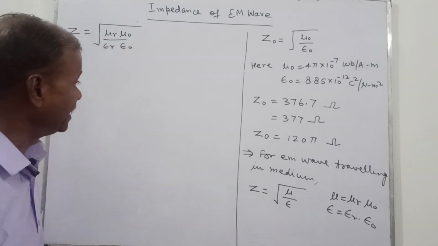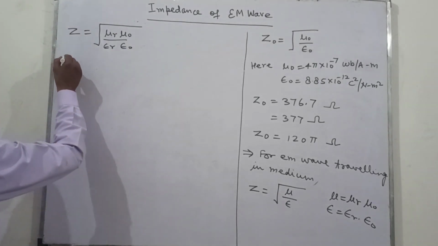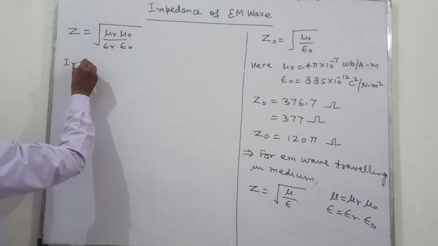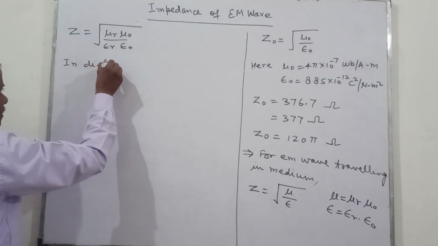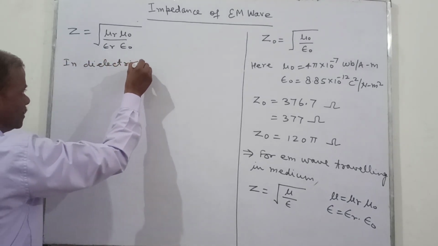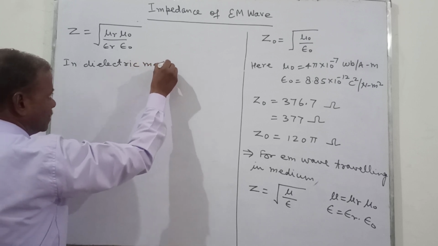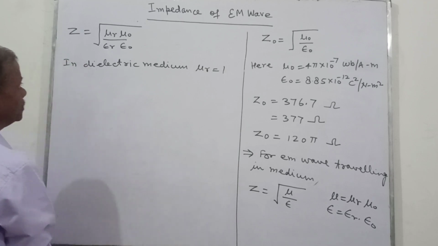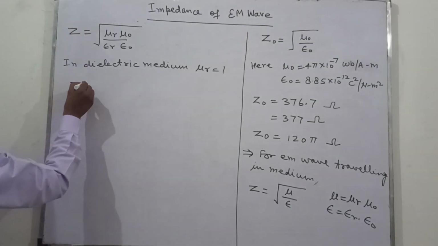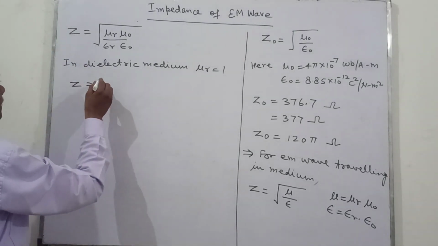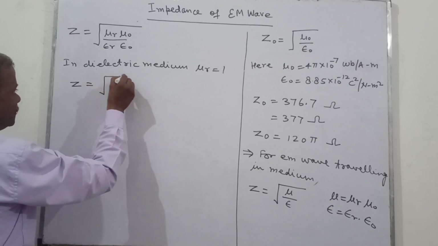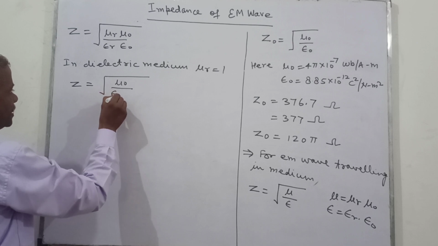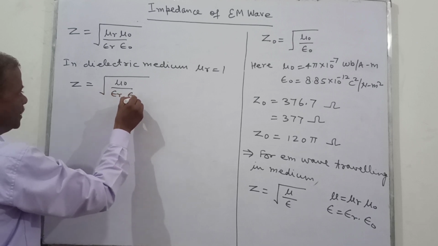So we take the dielectric medium, mu r equal to 1. So we can have Z equal to square root of mu naught upon epsilon r into epsilon naught.